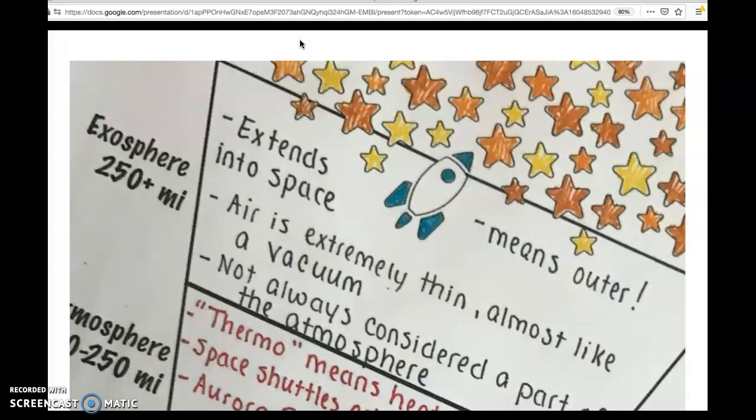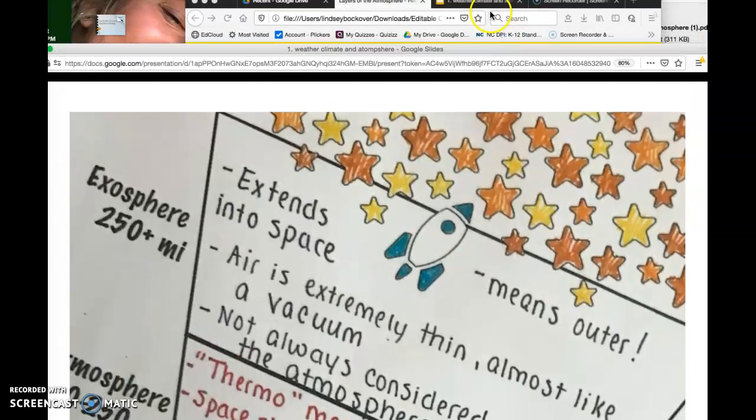An important note, some scientists don't consider this part of the atmosphere, but for the purposes of our class, we are going to. The last thing I wanted to talk to you about is the ionosphere, which is not considered one of our normal layers of the atmosphere, but it does happen. Let's see if I can find the picture for you guys.